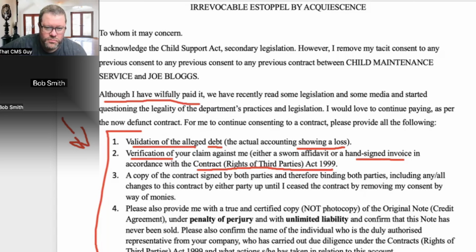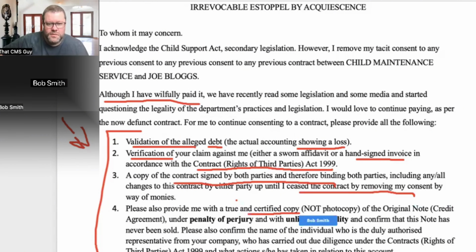Then it says, show me a contract signed by both parties. It reminds them we've removed our consent, and asks for a certified copy of that contract and warns them there are consequences because you're adhering to law.